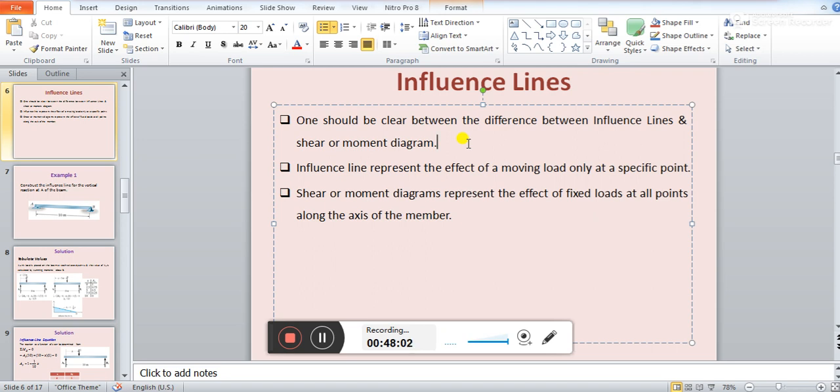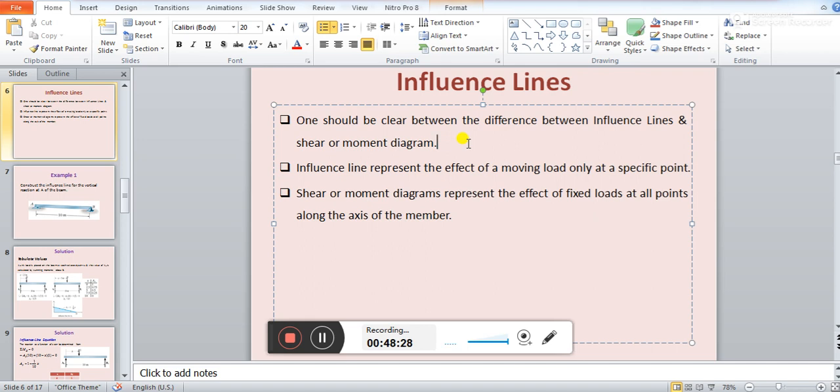So you should be very clear about the difference between the influence line and the shear or moment diagram. What does the influence line represent? It represents the effect of a moving load only at a specific point.